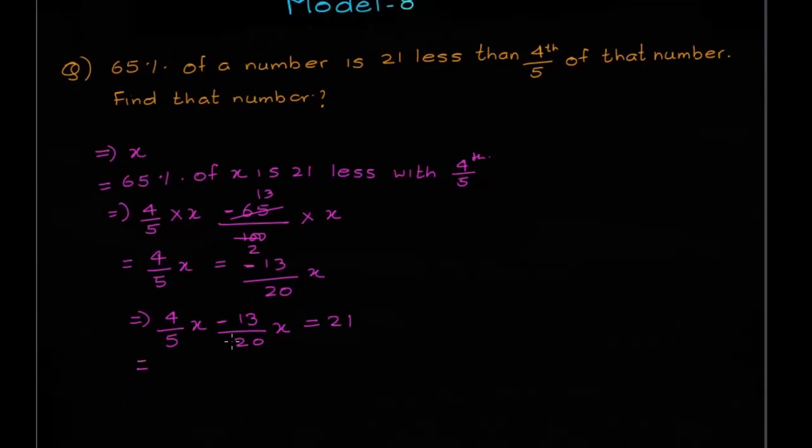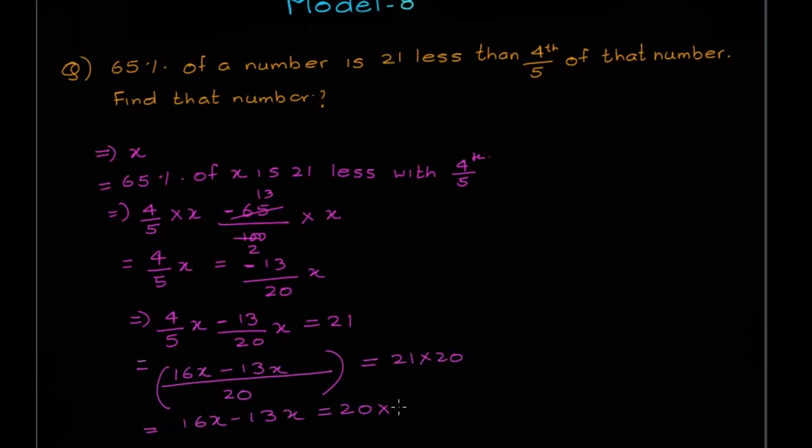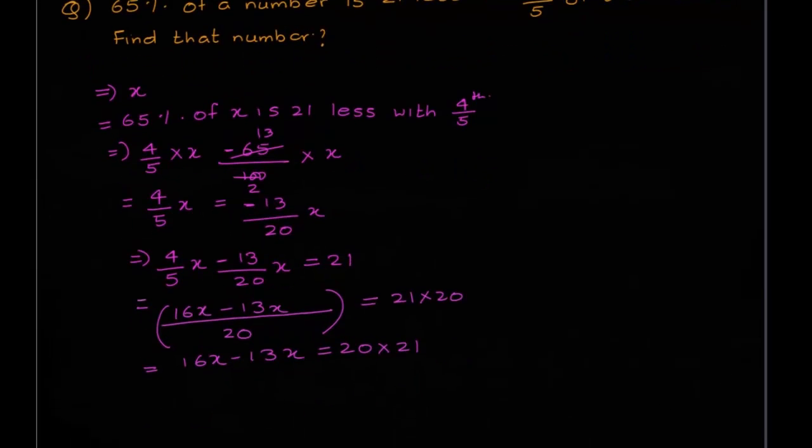By solving this equation, when we take the LCM of 5 and 20, we get 20, and 4 into 4 is 16, so we write 16x minus 13x equals 21 into 20, that is 16x minus 13x equals 20 into 21.